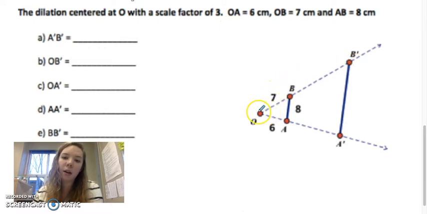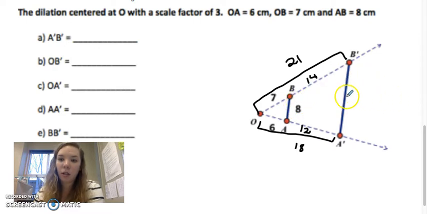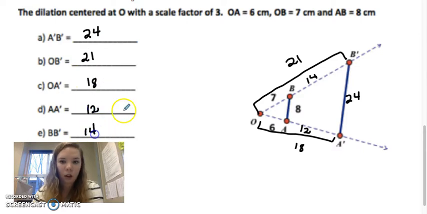So 3 times 7 makes this whole piece 21, which would make just this missing piece 14. Here, 6 times 3 makes the whole thing 18, or just this piece 12, and 8 times 3 is 24. Now we should be able to fill in this list. All right, there we go.